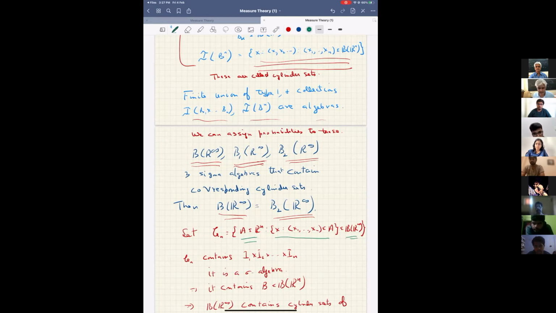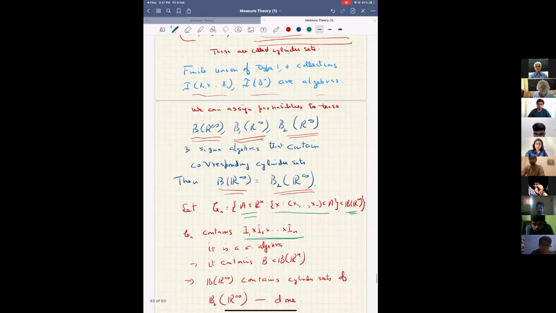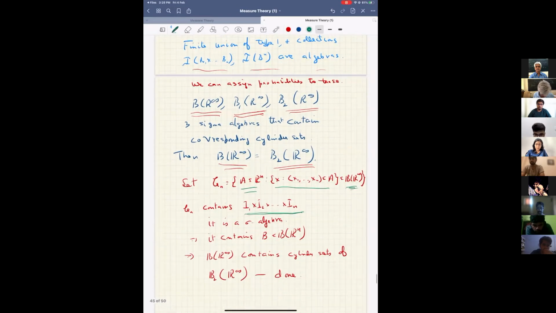So let me just collect all A so that the cylinder set where the first n elements lie in A is in B of R infinity. Now Cn contains all these products of intervals I1, I2 through In. That's how we define B of R infinity. It's the sigma algebra which contains all these cylinder sets corresponding to these intervals.